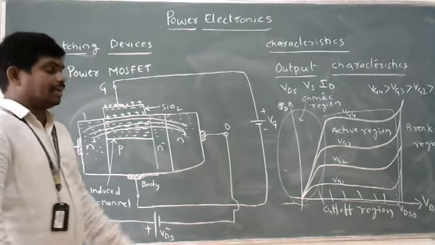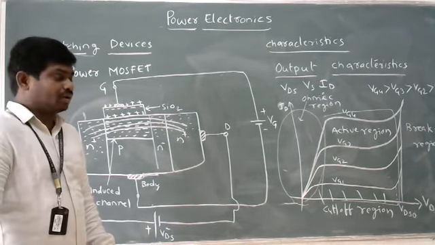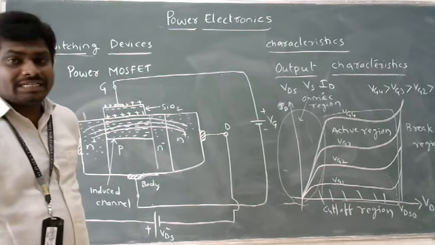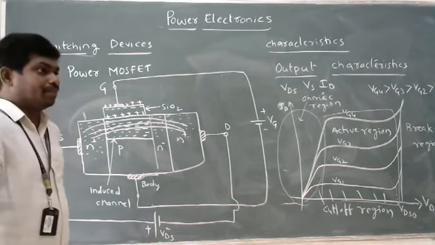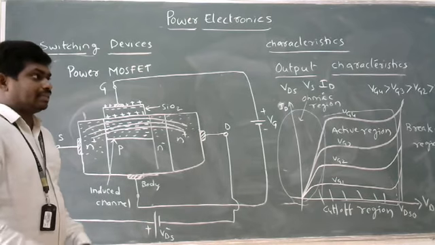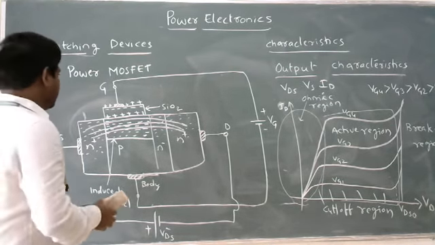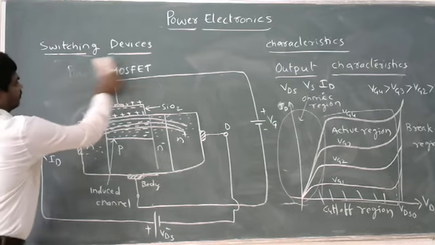And finally, coming to applications, because of its high switching frequency values, it is used in many applications. Basically, these are used in SMPS and UPS systems. I'm writing the applications of power MOSFET.